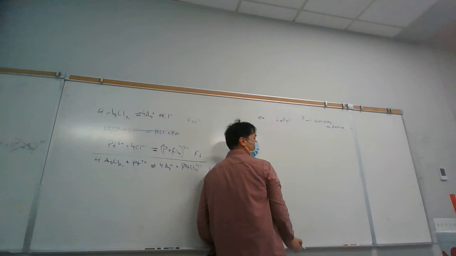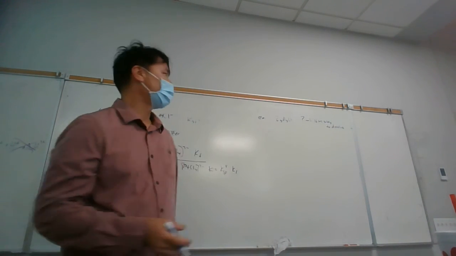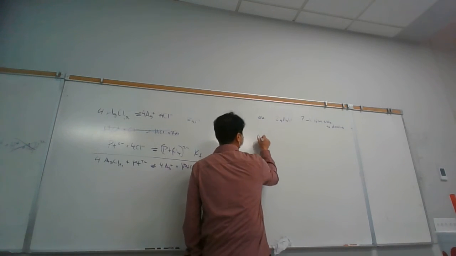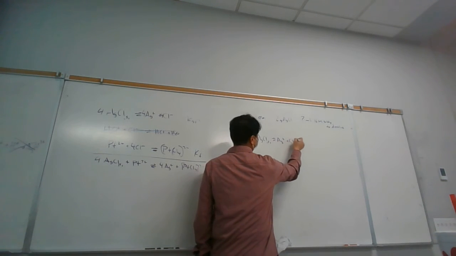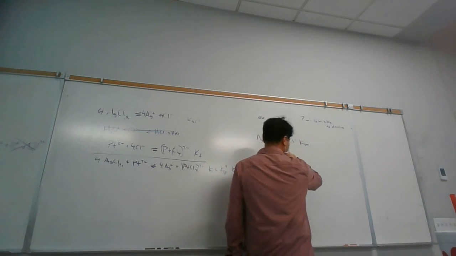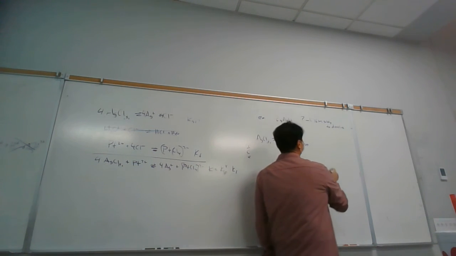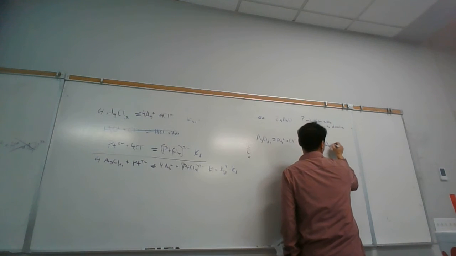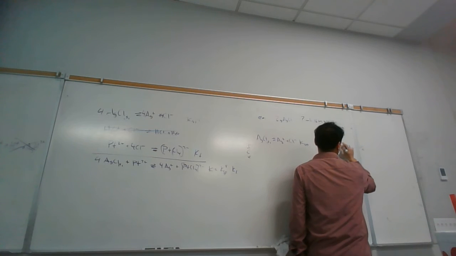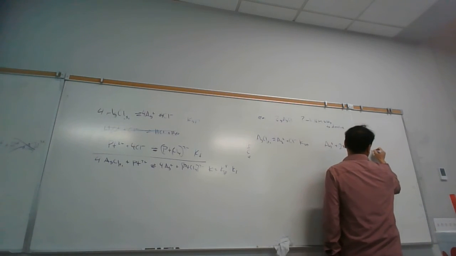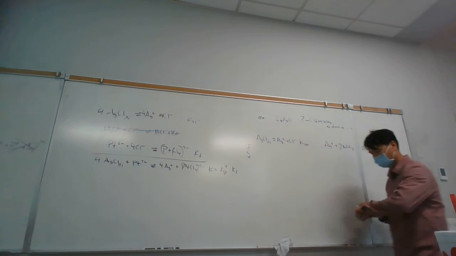What a lot of people do is they try to do this separately. There's a KSP and a KF. If we look at the KSP, silver chloride solid goes to silver ion plus chloride, with KSP. We can set up an ice table here. And then we have our KF equation. The KF equation is silver ions get attacked by 2 ammonia to form the diamminesilver ion complex.